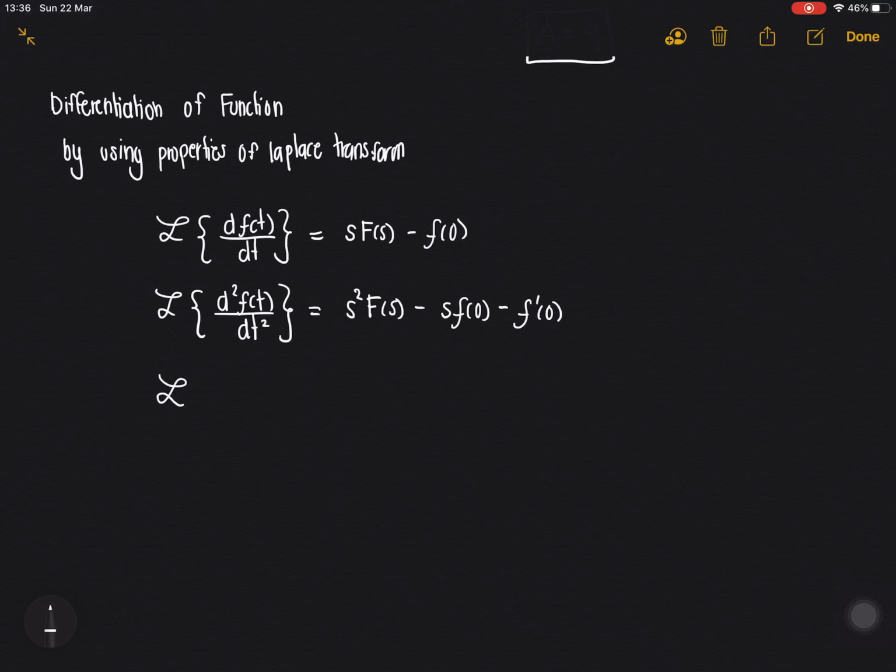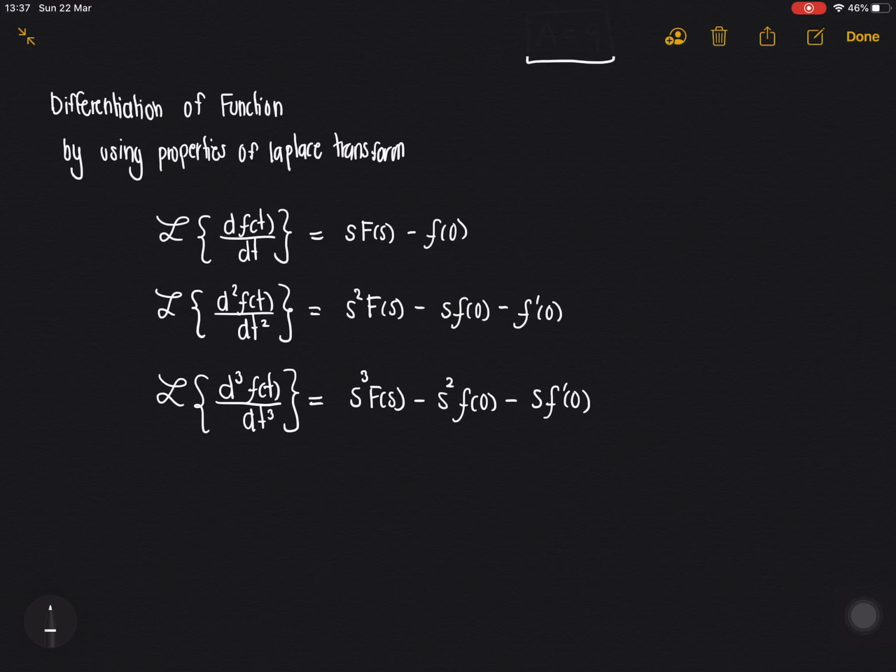And also if you have the differentiation of the third order, d cubed f(t)/dt cubed, that will be equivalent to s cubed multiplied with big F(s) minus s squared multiplied with f(0), minus s multiplied with f prime (0), and minus f double prime (0), and so on, until you have the Laplace transform of any nth order of f(t) over dt to the power of n.